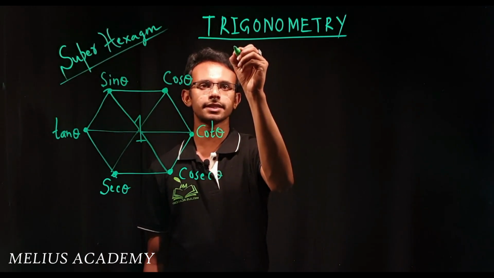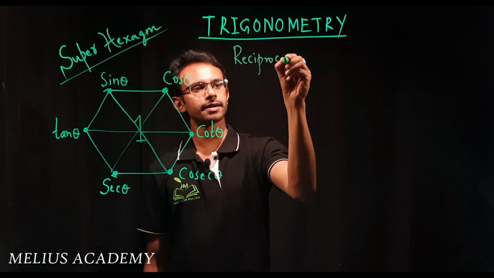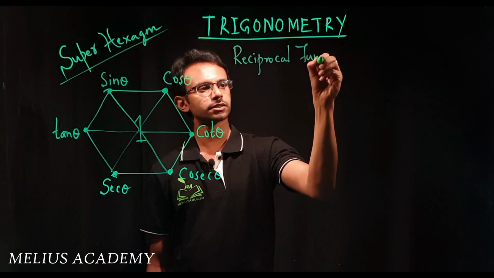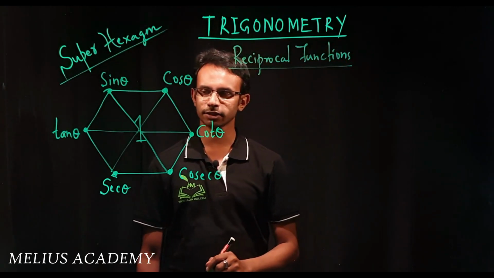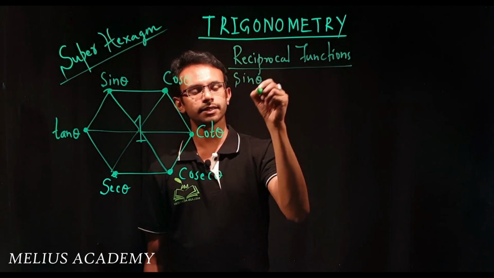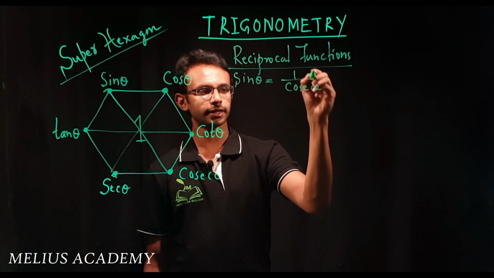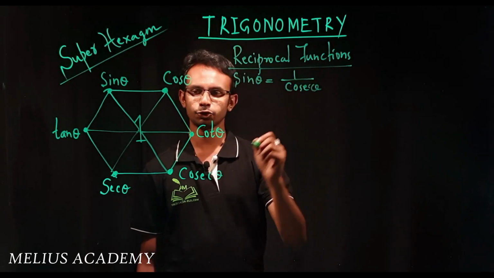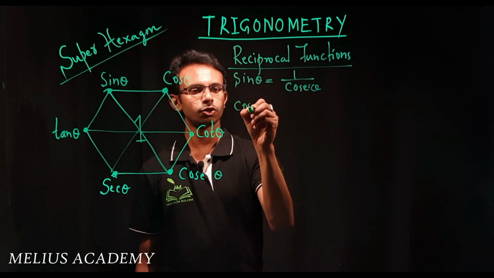Let us see the first set of formulas, called reciprocal functions. Let us start from sin. Sin theta is equal to 1 divided by cosecant theta. I am just writing the formulas first, then I will show you how to remember them. Sin is 1 by cosecant.